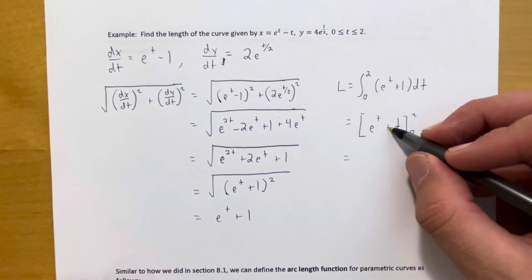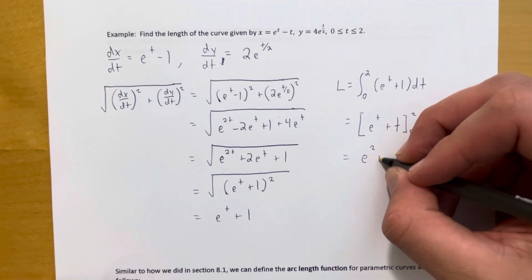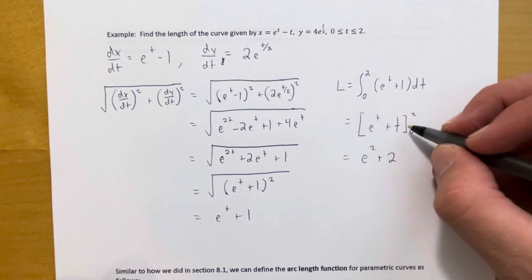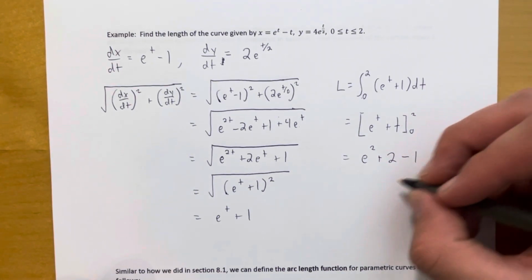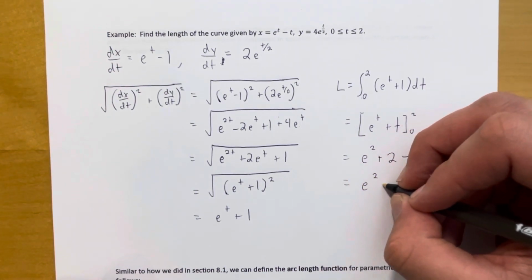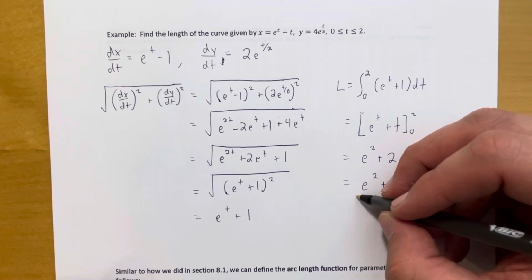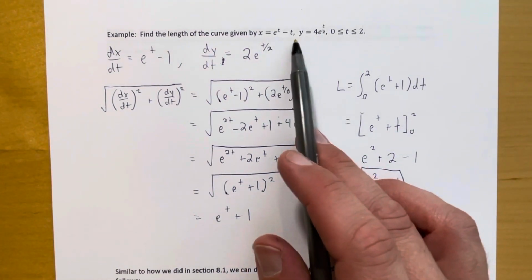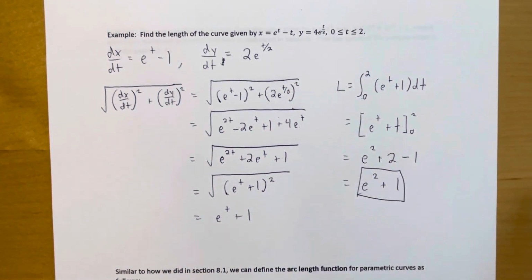This becomes e^2 plus 2. Then when I plug 0 in and subtract, I get 1 plus 0, so minus 1 there. e^2 plus 1 is my final answer. So that's the length of this curve on that parameter interval.